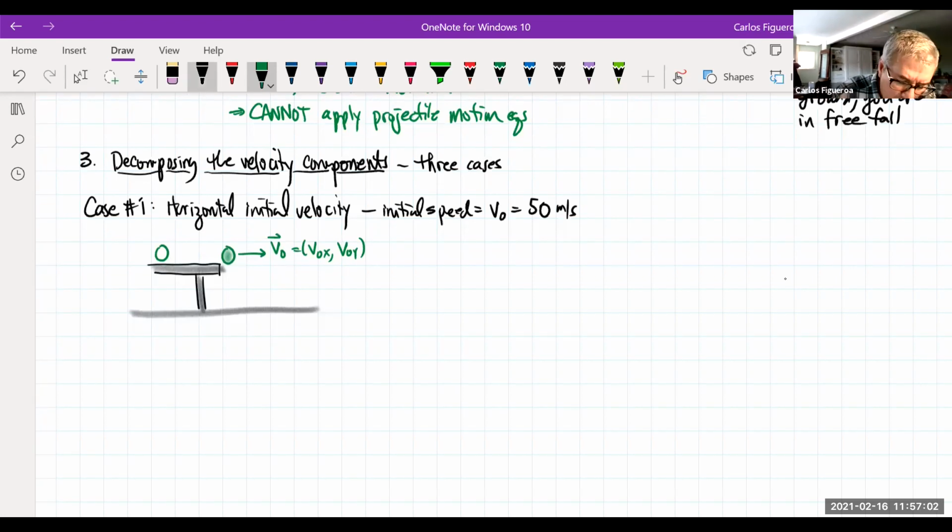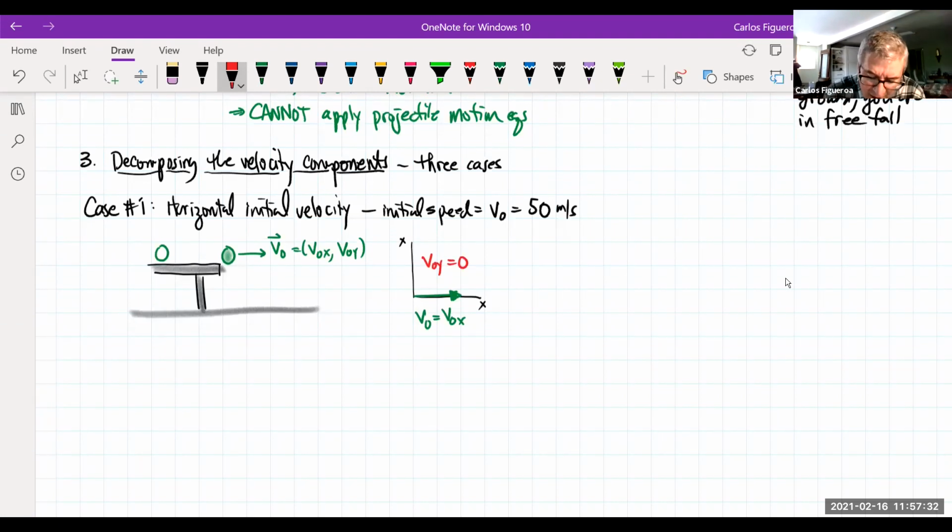So if I set up a coordinate system, where this is y and this is x, what you're seeing is that the full velocity is, of course, in the x direction. So clearly the initial speed is this, and you can see that v initial y is 0.